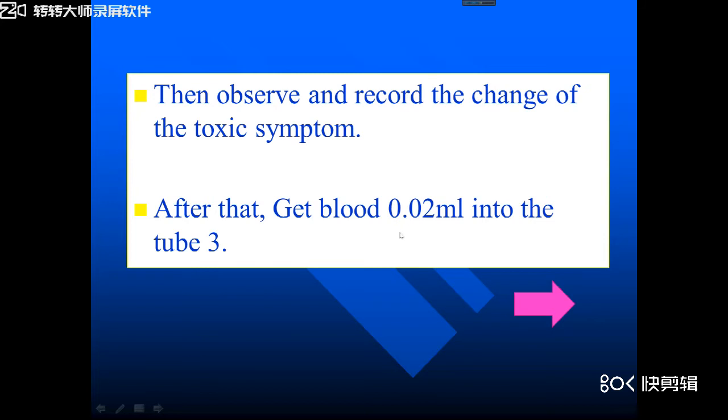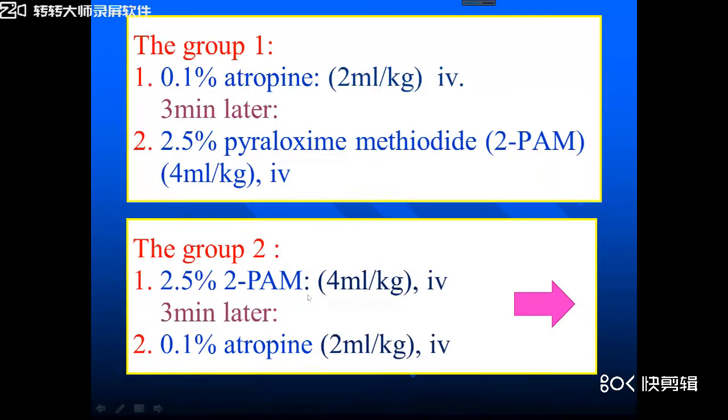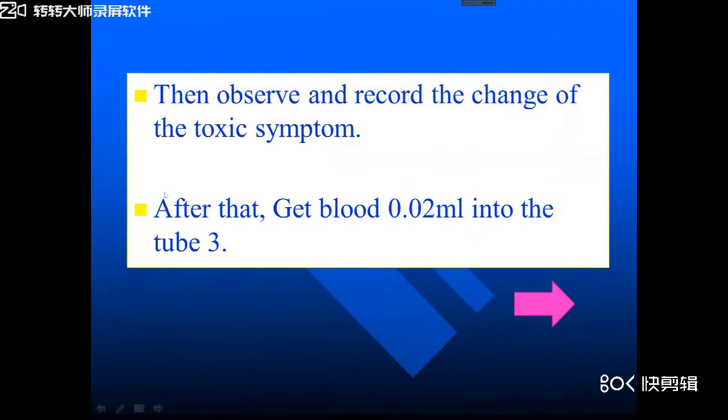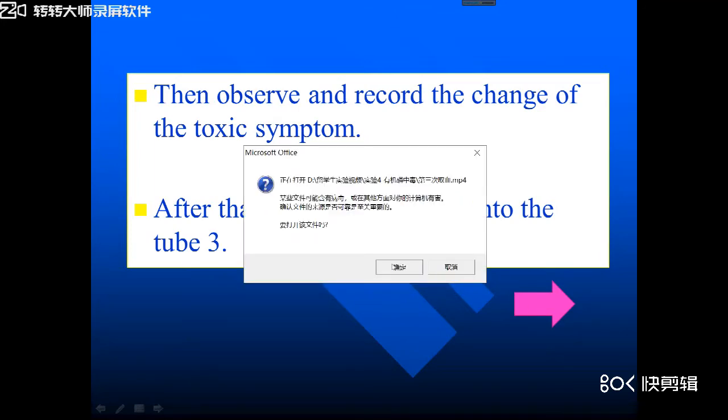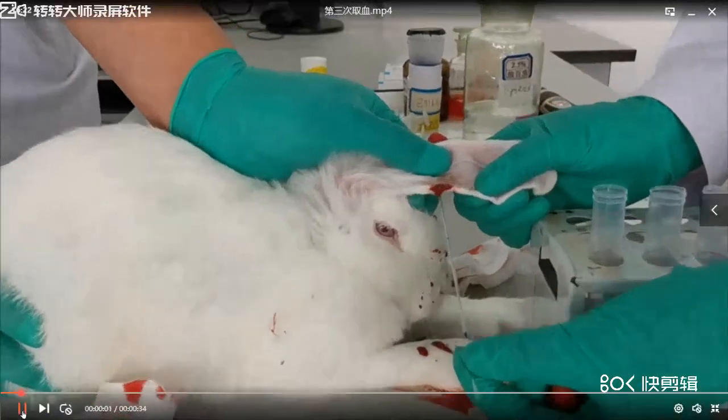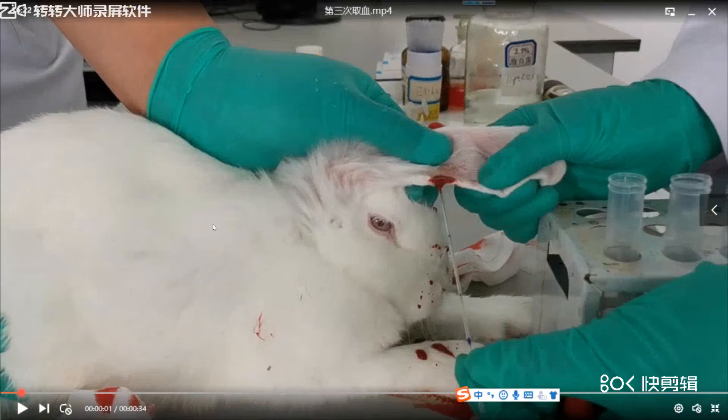We should know that pralidoxime chloride is a cholinesterase reactivator, which means the level of this enzyme is increased. Okay, so let's do the lab.